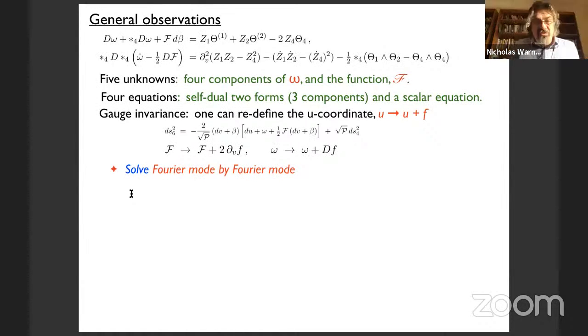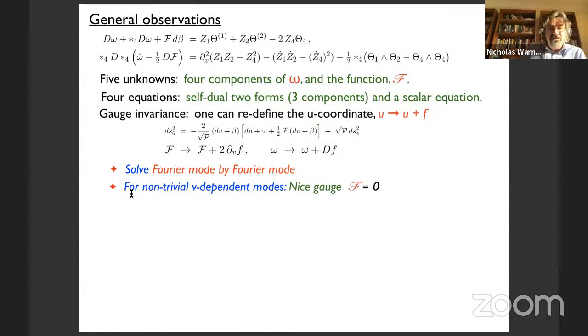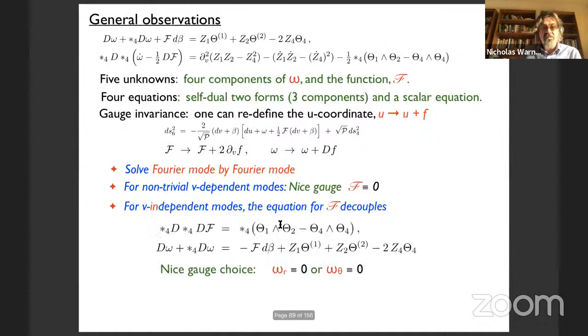So the first step you do is you solve Fourier mode by Fourier mode. And if you have non-trivial V-dependent modes, the obvious and nice gauge is to use this to basically kill off f entirely. So that's what we typically do if it's V-dependent. If it's V-independent, things are actually a bit easier, because then any dot that turns up here goes away.